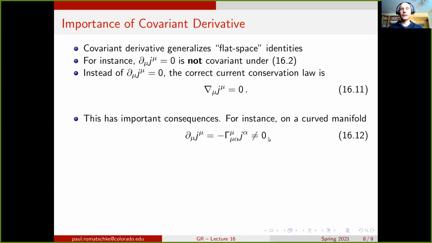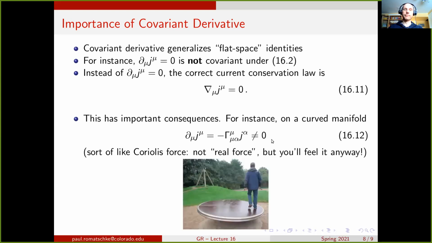So in some way, it means that the conservation of the current is not true if we are thinking about a curved manifold. There is an effect from the geometry, and the effect will be that the conservation law that we are used to having in flat space no longer holds in curved space.